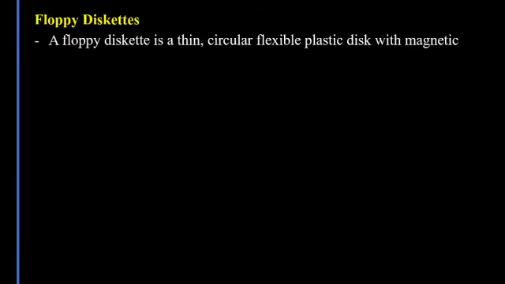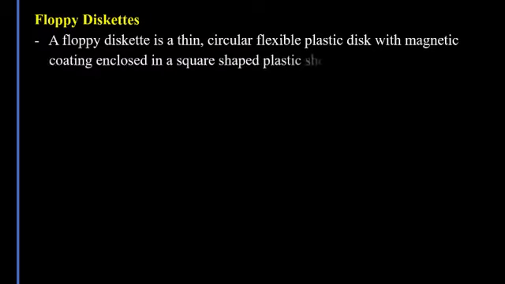Now let us look at the floppy diskettes. A floppy disk or diskette is a thin circular flexible plastic disk with a magnetic coating enclosed in a square-shaped plastic shell. That plastic shell houses the thin disk.